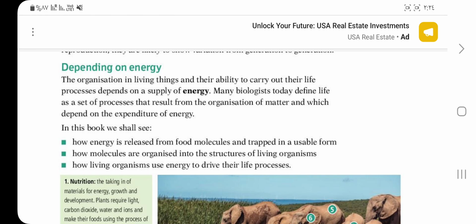Many biologists today define life as a set of processes that result from the organization of matter and which depend on the expenditure of energy. Again, the organization of living things and their ability to carry out their life processes definitely depend on the supply of energy.